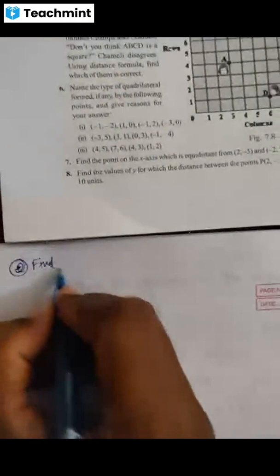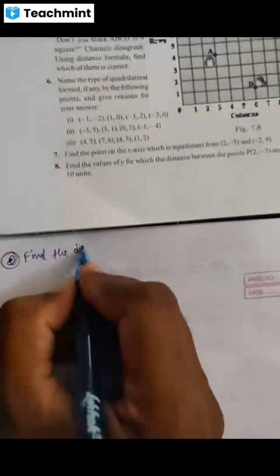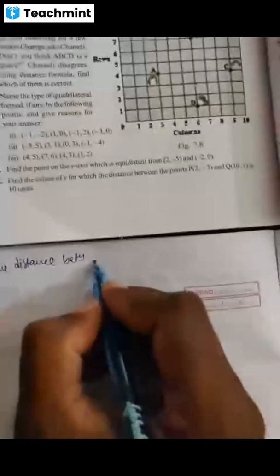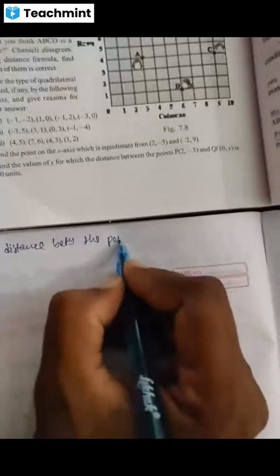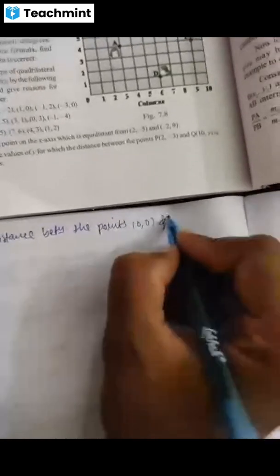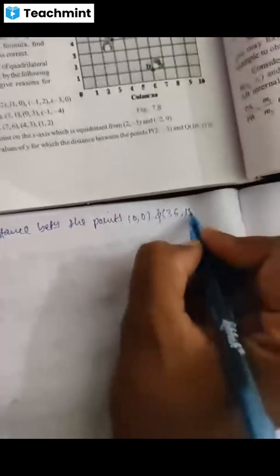Second one. Find the distance between the points (0, 0) and (36, 15).